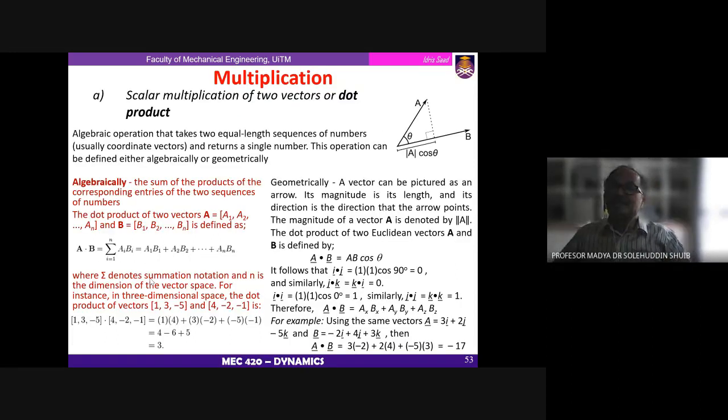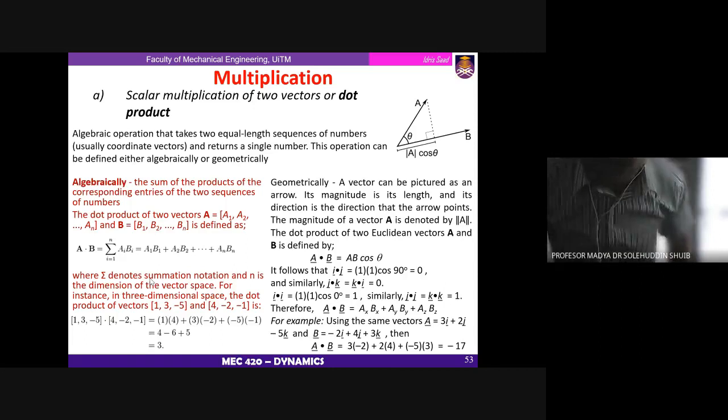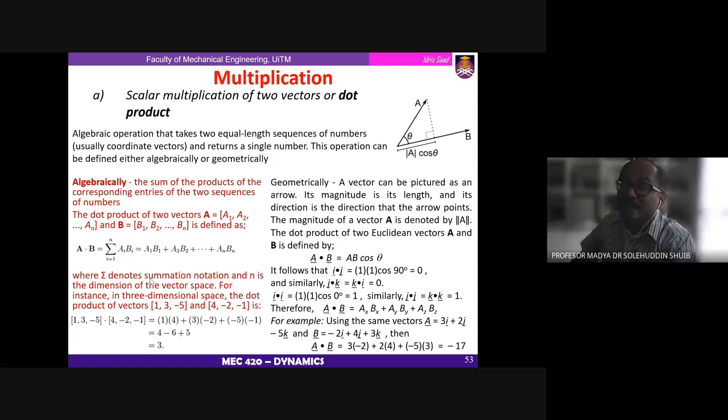How about multiplication? This one needs a lot of attention. This is what we call the dot product. We are going to use the dot product a lot later. That's why I want you to go through all of this. This is the concept of it. And this is how they do the dot product for these vectors: 1, 3, minus 5 and 4, minus 2, minus 1.